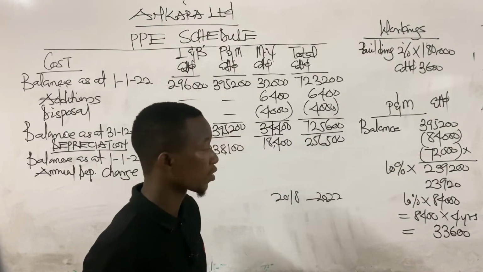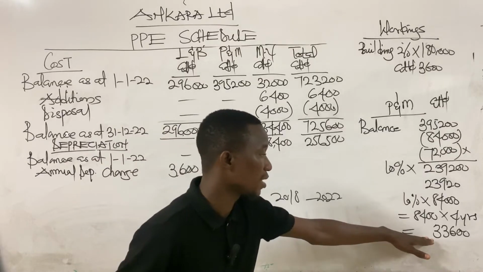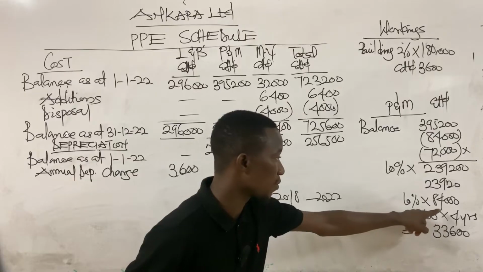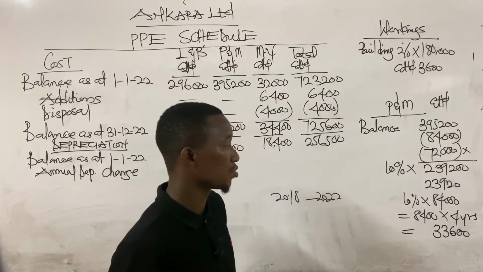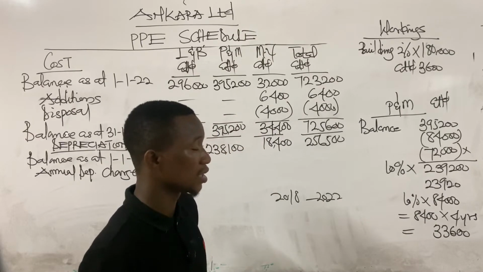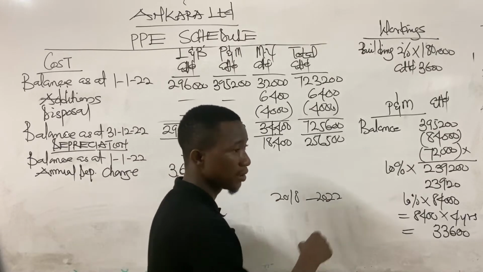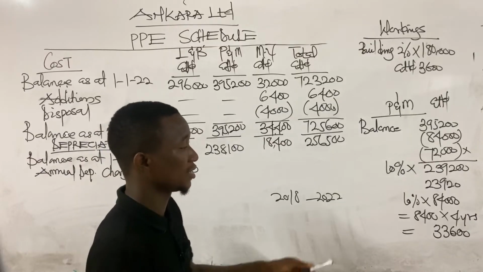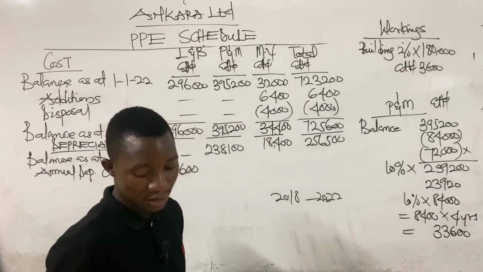Is that okay? Very good. Now we've gotten the accumulated depreciation for this. So let's subtract the accumulated depreciation from the cost to arrive at the carrying amount of this asset. Then we apply the useful life to determine the annual depreciation charge for 2022.